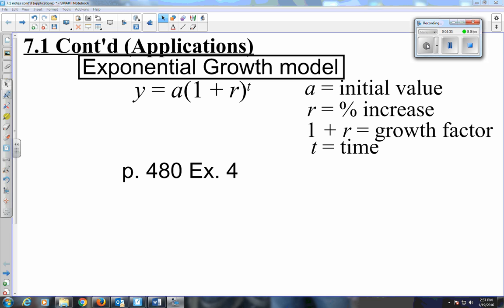In 1996, there were 2,573 computer viruses and other computer security incidents. During the next 7 years, the number of incidents increased by about 92% each year. That last statement tells you that this is indeed an exponential growth model, because it says it increased 92% each year.